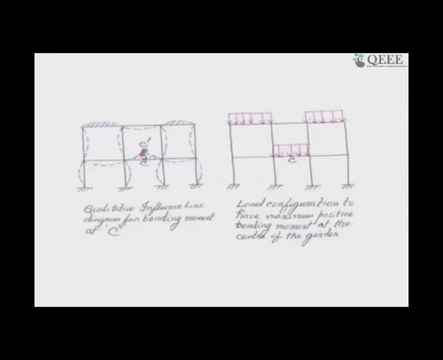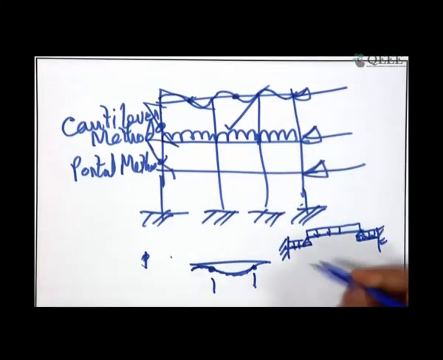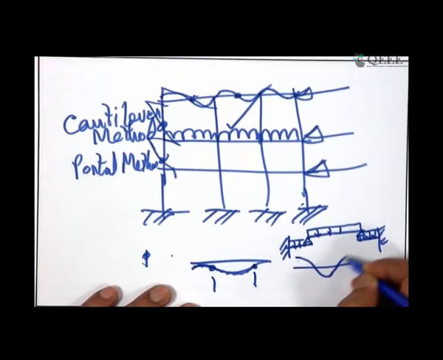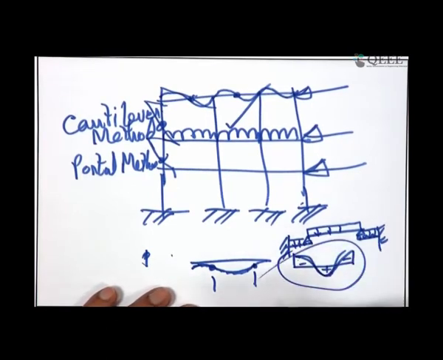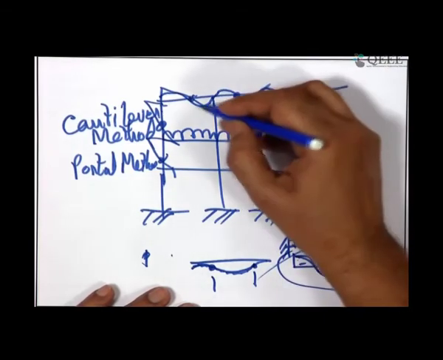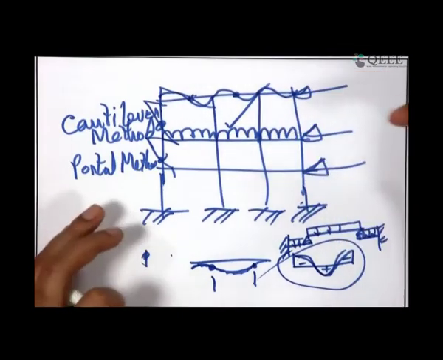So, one question is that the influence line diagram for bending moment at C is this, and this is a hogging bending moment. The bending moment diagram for this structure will have this kind of variation, with positive and negative bending moments here for the live loads and the imposed or dead loads, and for the lateral load it will be like this for columns and beams.